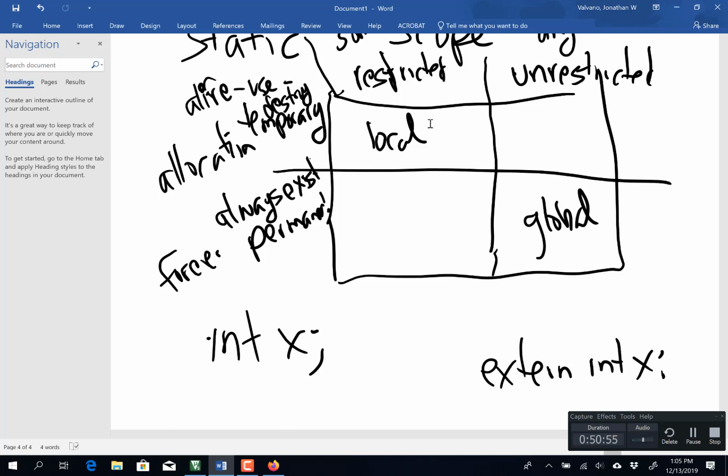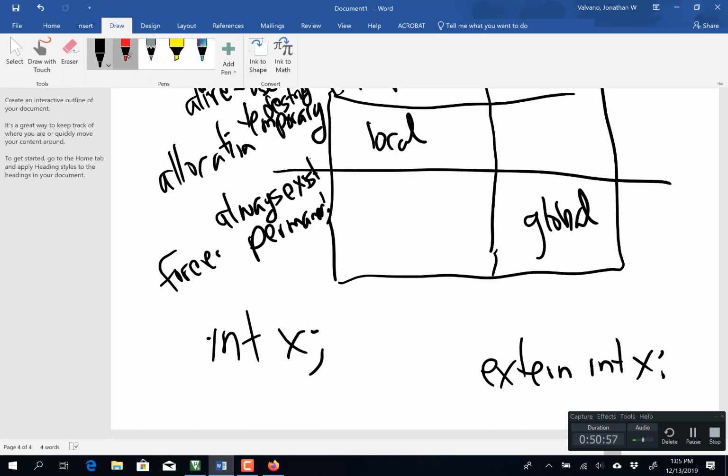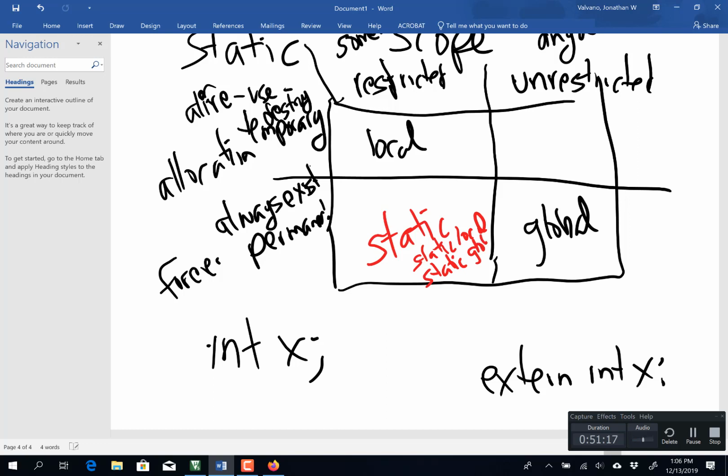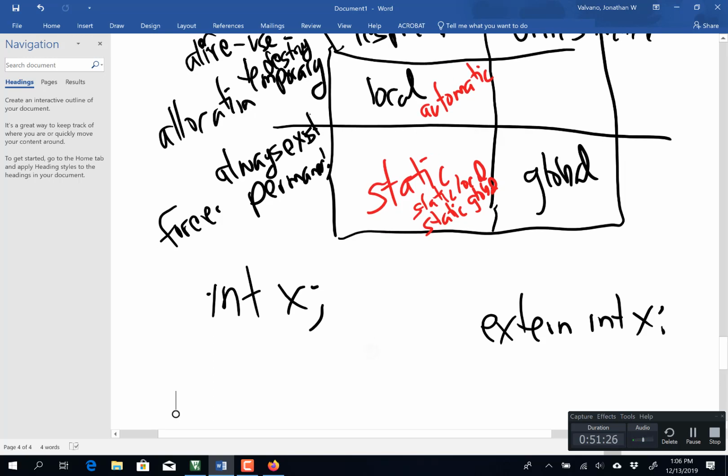We got one more, right? That's the whole reason why we're here. And statics are restricted permanent. Now, some people call them static locals and static globals. Some people use two types of statics, and you'll see it when I define it. Some people call these automatic, by the way. We don't do it in 319K, but they might do it in 312.